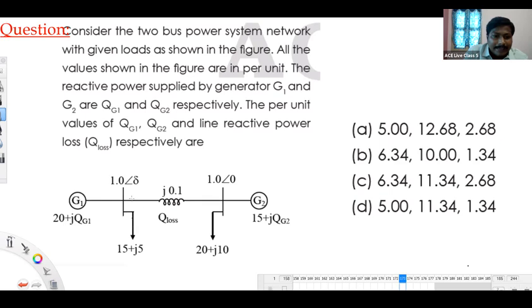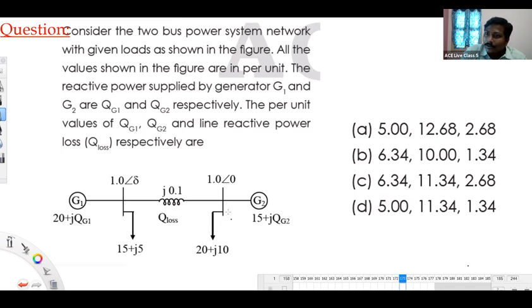From this bus, the load is taking 5 per unit, and some more reactive power is injected into the line, which means generator 1 should supply a reactive power more than 5. Are you understanding this statement? Both bus voltage magnitudes are equal. Bus 1 is delivering some reactive power into the line. This load is drawing 5 per unit, so the sum of these two should be supplied by generator 1. So the value of QG1 will definitely be more than 5.